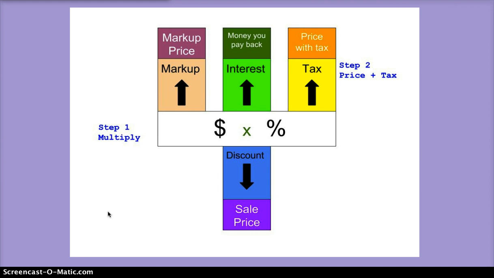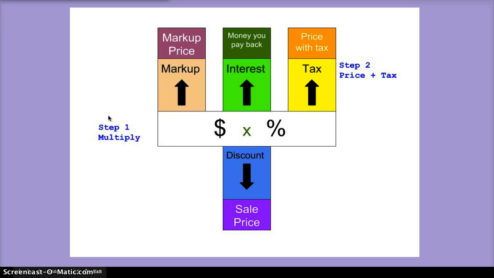So here's our drawing that we've been working on. We have markup, we have interest, we have discount, and our last one is tax. And the reason we do this diagram is to show that all these problems have the same first step.